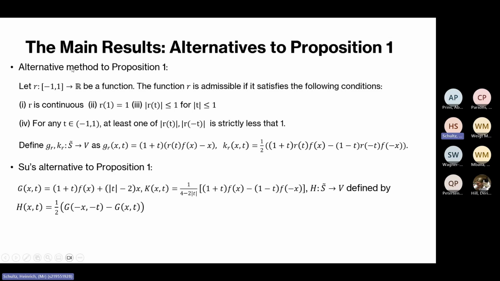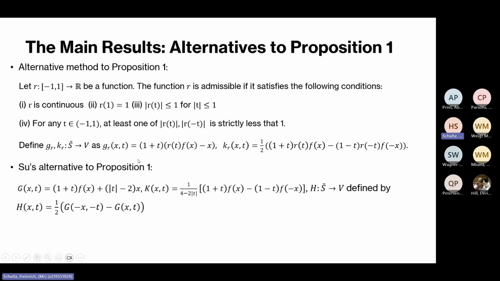With this admissible function, we can now define the functions g_R and k_R, which both map S tilde to V. The goal is to show that g_R of (x star, t star) is equal to g_R of (negative x star, negative t star), and using this admissible function, we are able to do so.